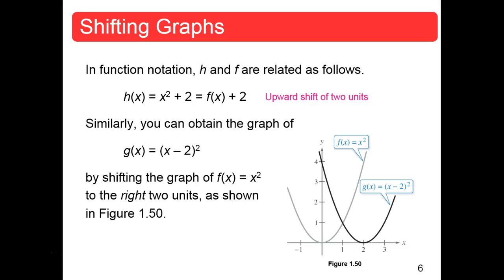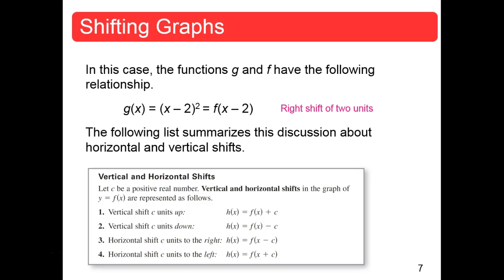So this is a horizontal shift to the right, 2 units. Now, any questions on that? New function, horizontal shift to the right from your parent function. And I bet you some of you are already saying, can you do them both? Sure you can. We may not yet, but you can do them both. In that case, the one we just talked about, you have f of x minus 2, which is a shift to the right of 2 units.